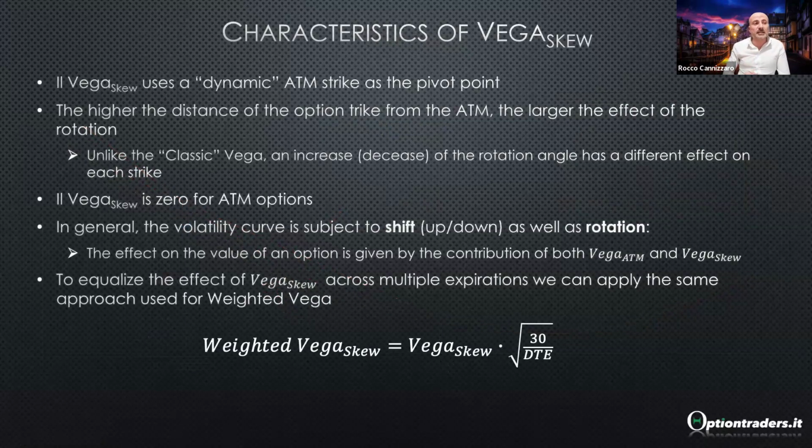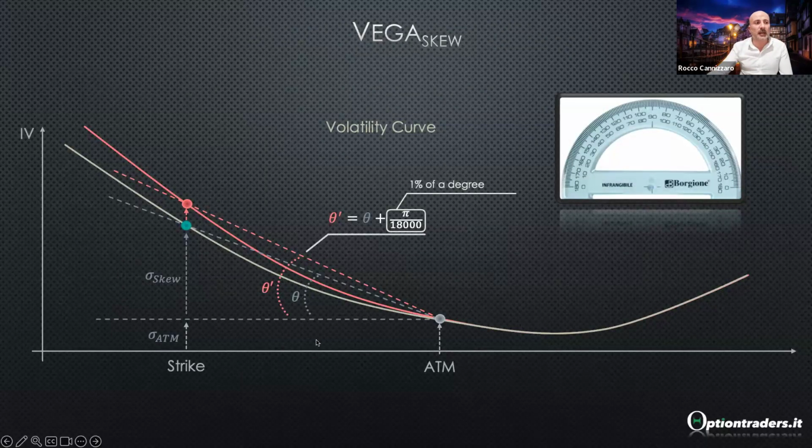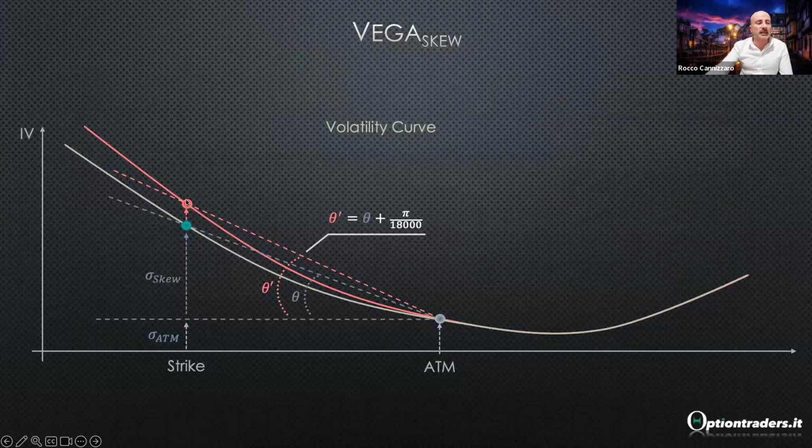Then the second piece, and this is actually a very interesting part in my mind, is that the farther you are from the at the money, the larger is the effect of the rotation. Because when we look at the classic Vega, essentially we're saying every strike goes up or goes down by the same amount. But when we're looking at this rotational Vega, if my option is here and there's an increase of 1% of the angle, my volatility goes from the green dot to the red dot.